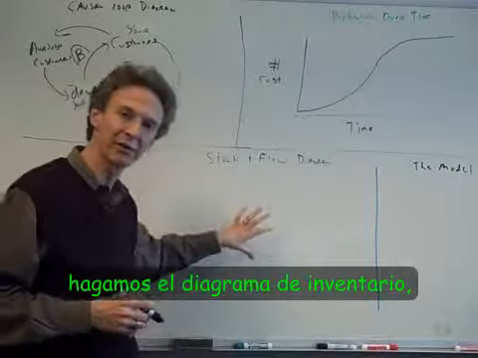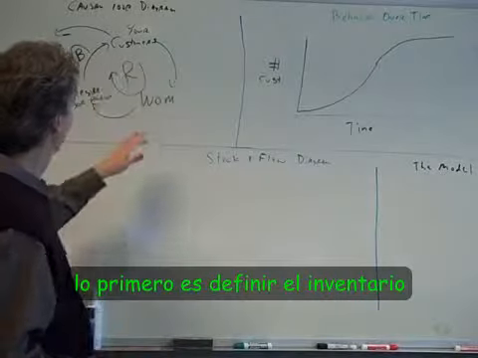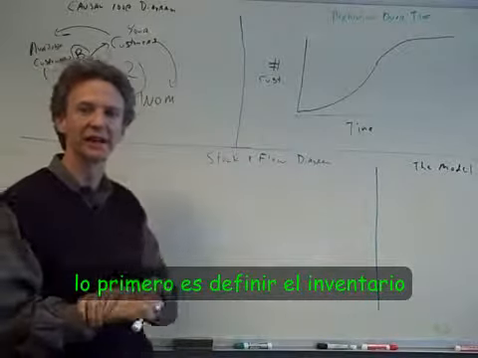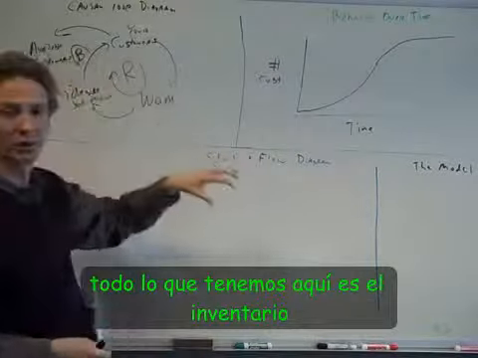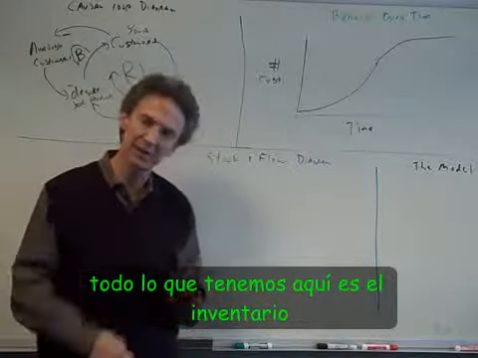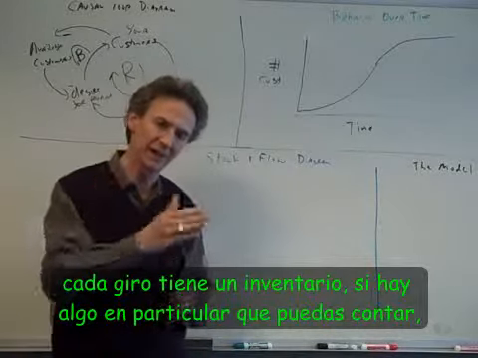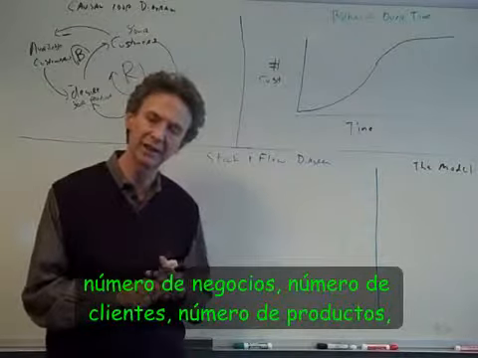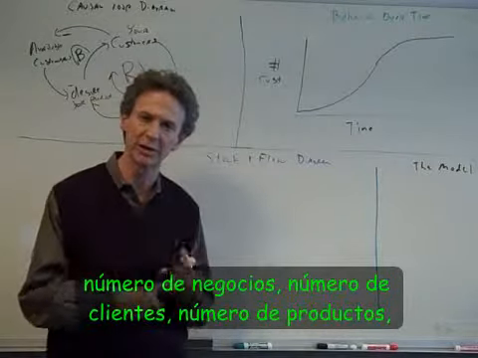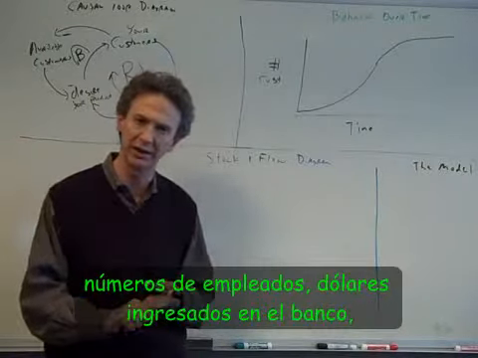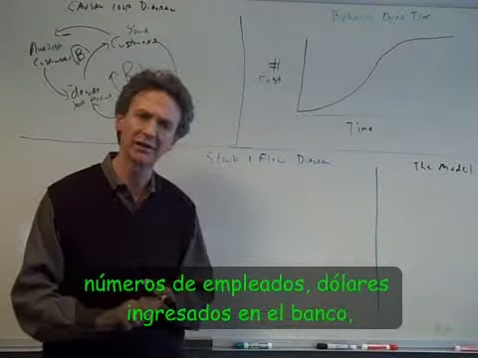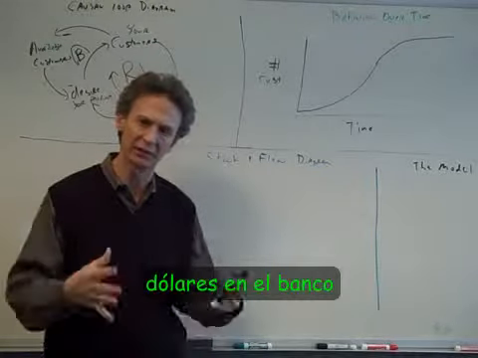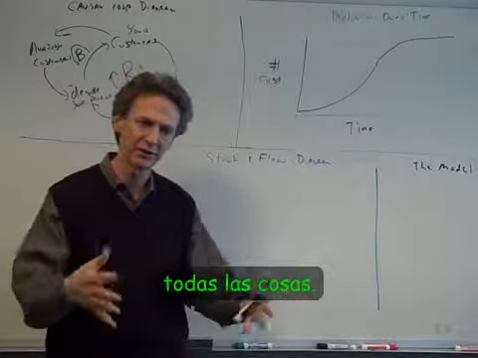So let's do the stock and flow diagram next. The first thing is to choose your stock. Every loop is going to have at least one stock, and it's something you can count on a particular day. Popular examples in business are number of customers, number of products, number of employees, revenue, dollars in the bank, number of defects, those sorts of things.